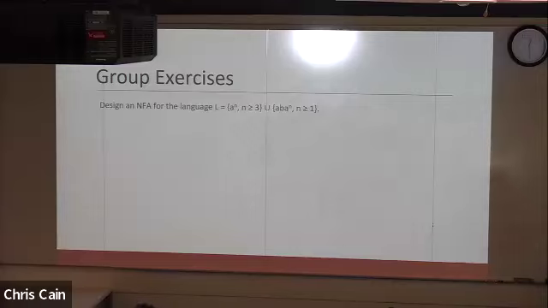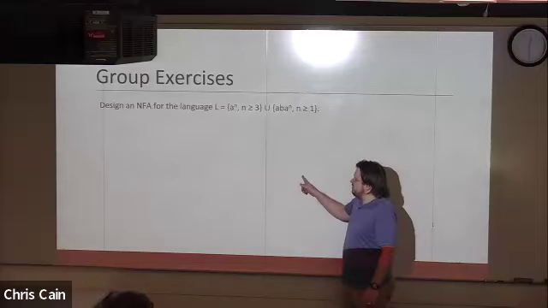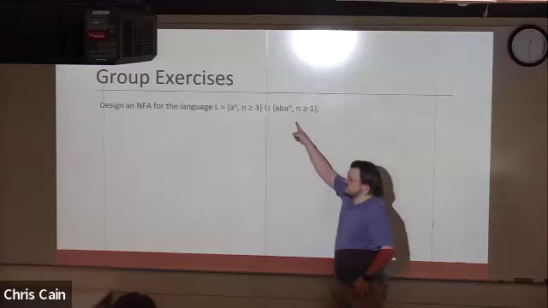So the language is a^n such that n is greater than or equal to 3, that is, three or more A's, as well as ba^n such that n is greater than or equal to 1. So it's a unioned language. You see your first A. That's all you've read so far. Are you in this world or are you in this world?